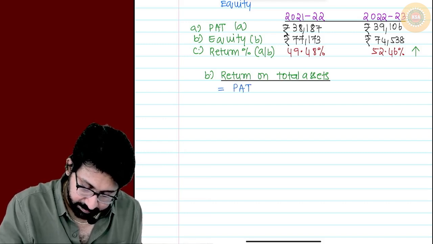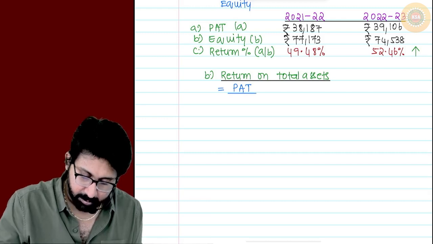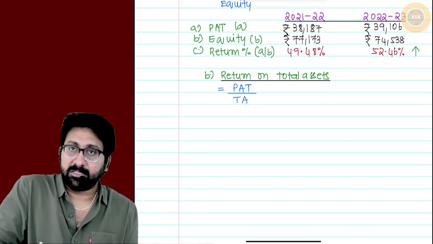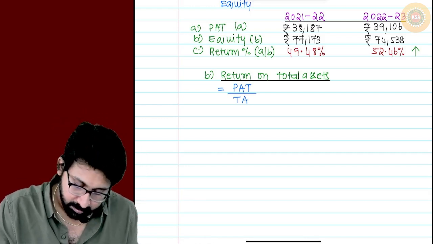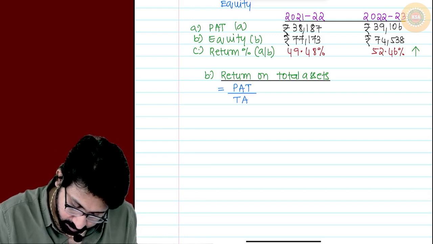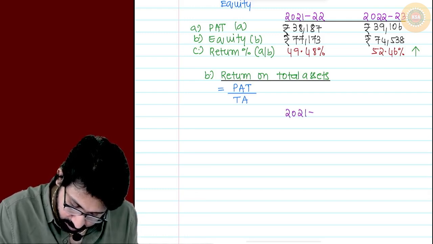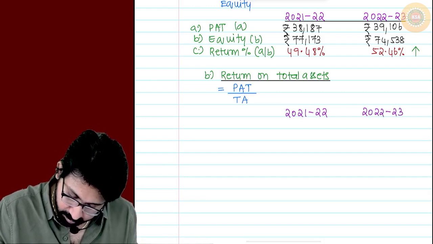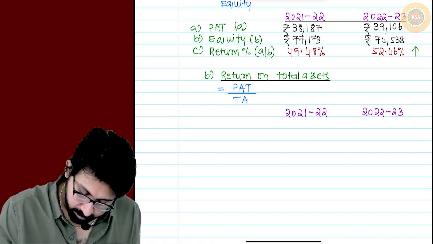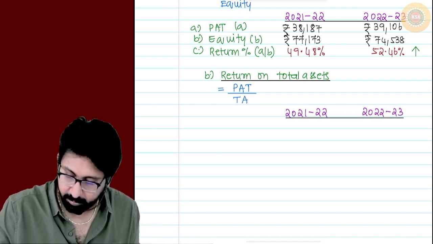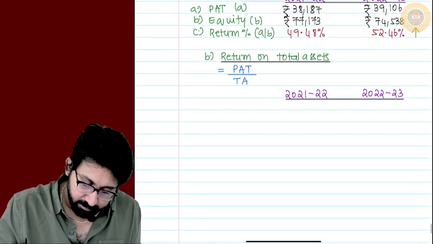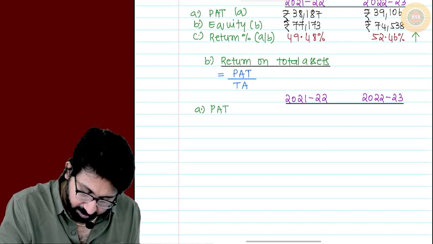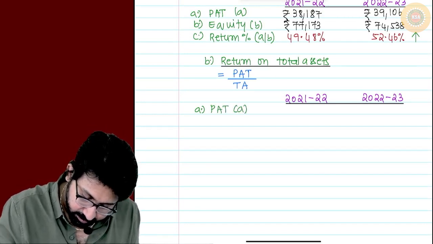Profit after tax by total assets. Okay. Tell me here, please, no noise, write down, we completed almost profit after tax. How much it is?